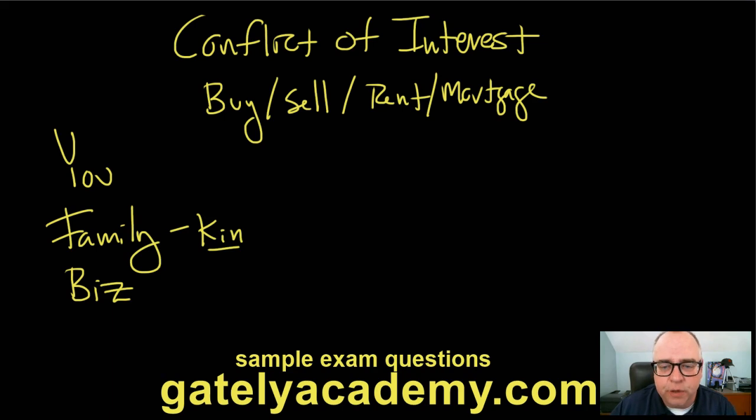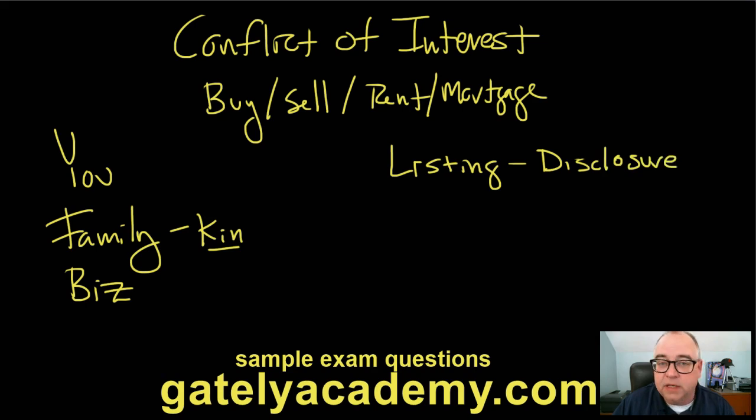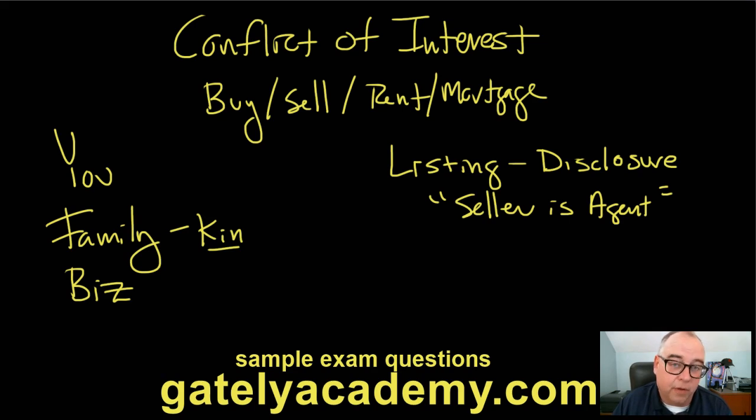That's a pretty straightforward rule. Here's how I would do it. I would first put it in the listing. In the multiple listing service, there's a disclosure section, and it's pretty easy to say something in there like "seller is agent" or something like that. And from time to time, you will see that listed there. Or they'll say "seller is relative of agent" or something like that.